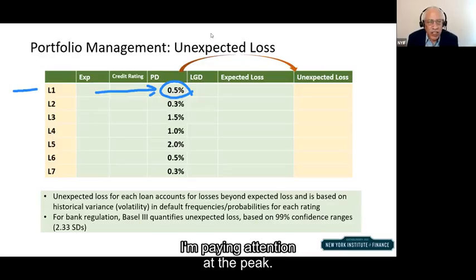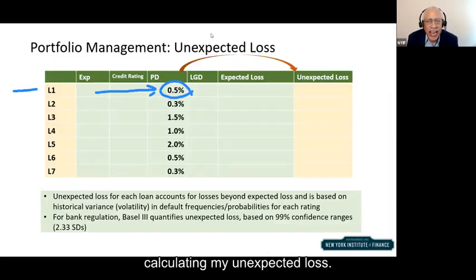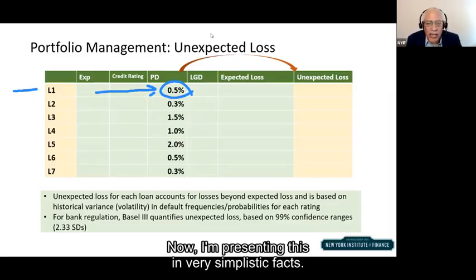And so I'm paying attention to the peak. How high did that default frequency go for certain ratings? I'm going to use that as a basis for calculating my unexpected loss. Now, I'm presenting this in a very simplistic fashion.